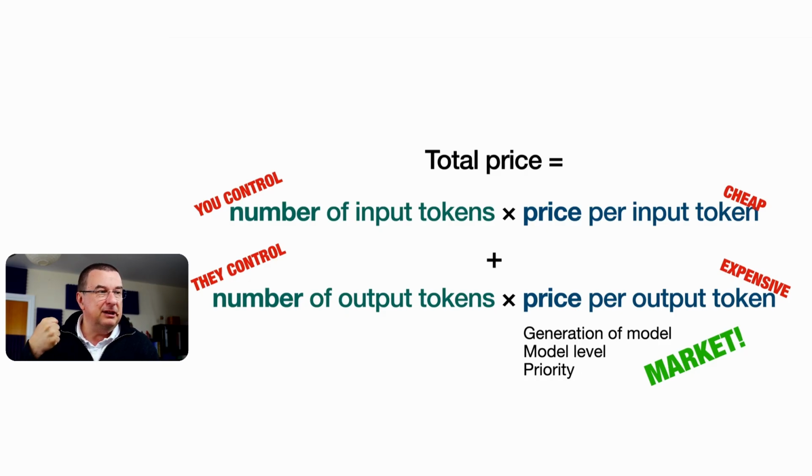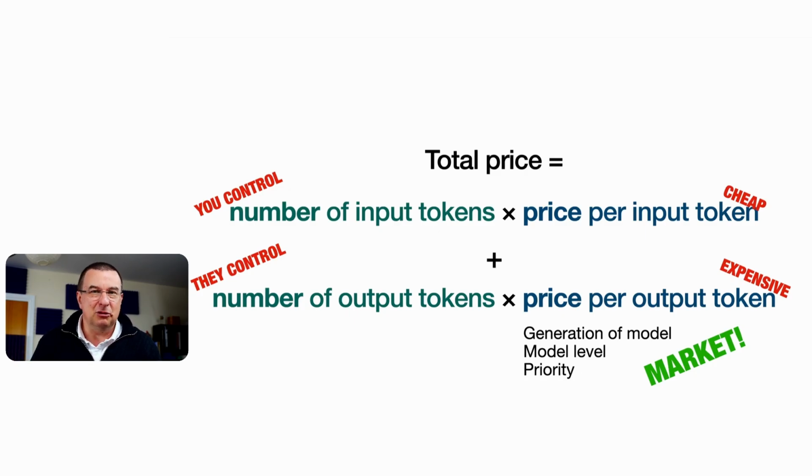And you have the number of tokens lever. Now, you don't really have much influence on the input tokens, although you could configure your CLI agent or something like that to push more, but it's in the low price category. In the high price category, you have a lot more control because how many tokens your system generates is really under your control.